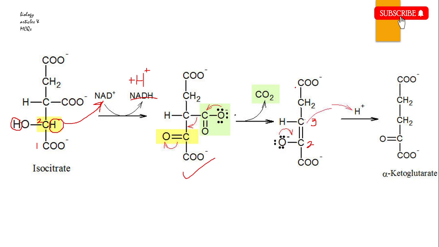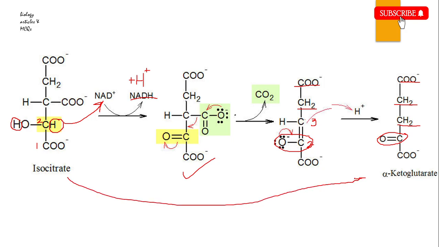Here you can see C double bond O, then CH2 here, and C double bond O at carbon number 2, and there is just the difference at carbon number 3, where CH2 is present. So the final product of this step is alpha ketoglutarate, converted from isocitrate with the formation of one NADH and removal of one carbon dioxide molecule.